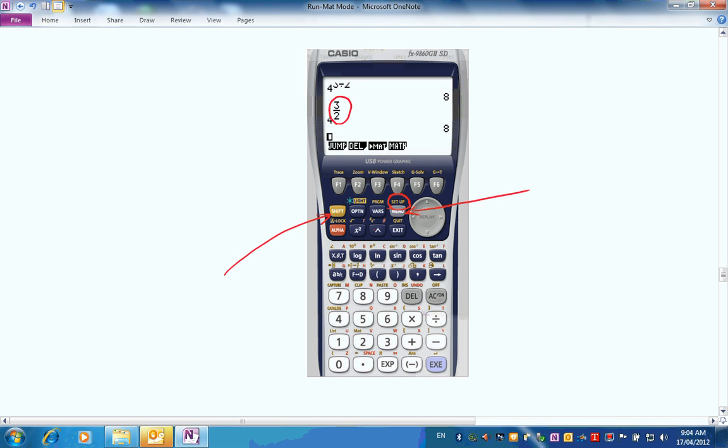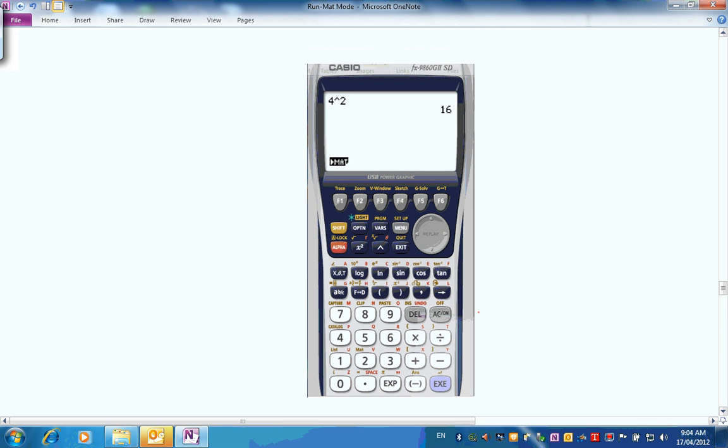I want you to enter 4 squared again: 4, power button, and then squared, and then hit execute, and we get the correct answer again at 16.